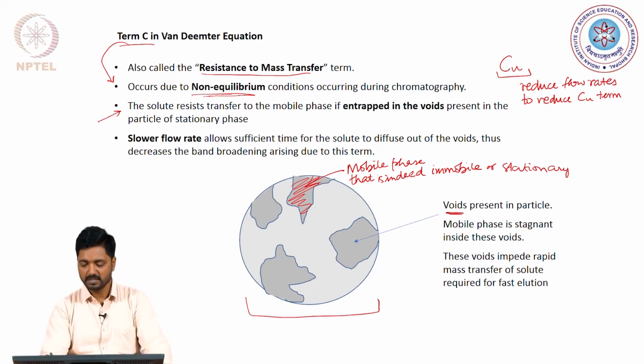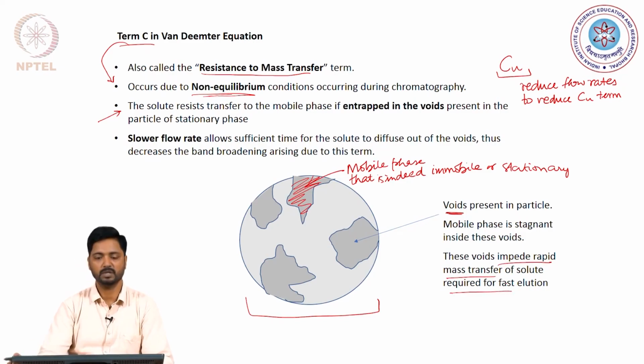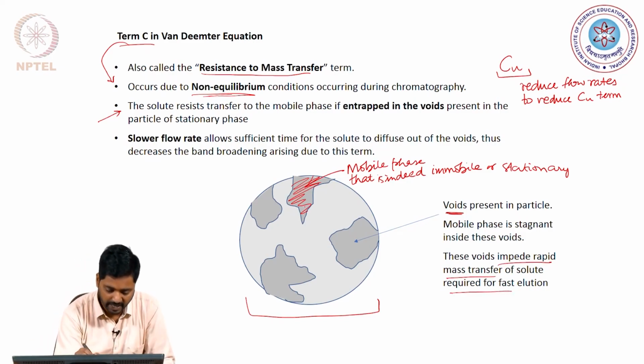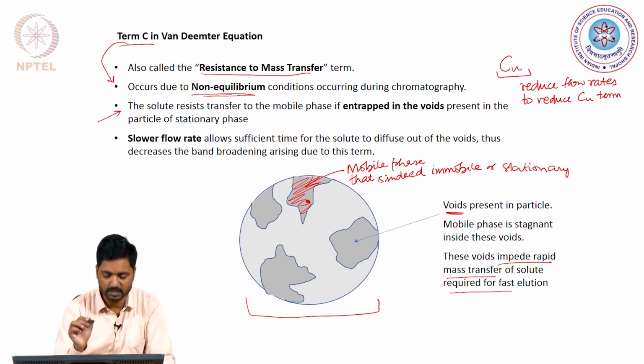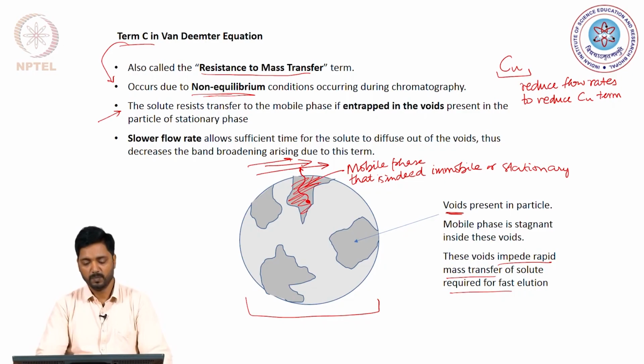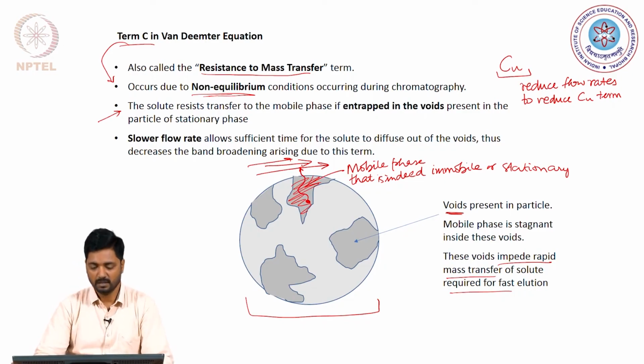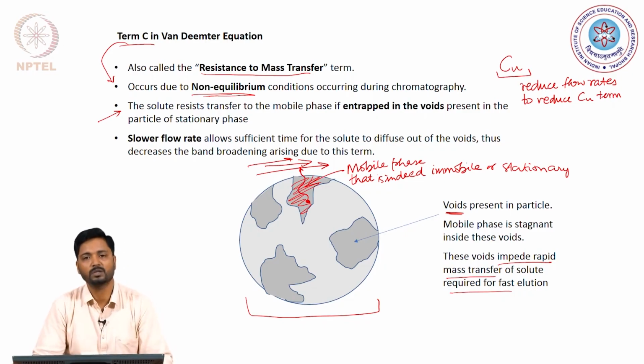So, these voids impede the rapid mass transfer of the solute that is required for fast elution. If I have a solute particle sitting inside these voids, it will have a difficult time traversing this distance and reaching a place where the fluid flow or the mobile phase is flowing freely.